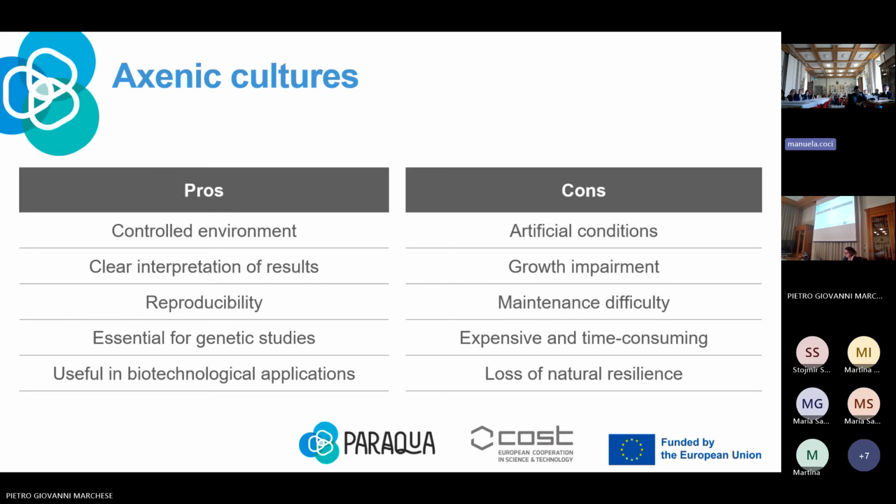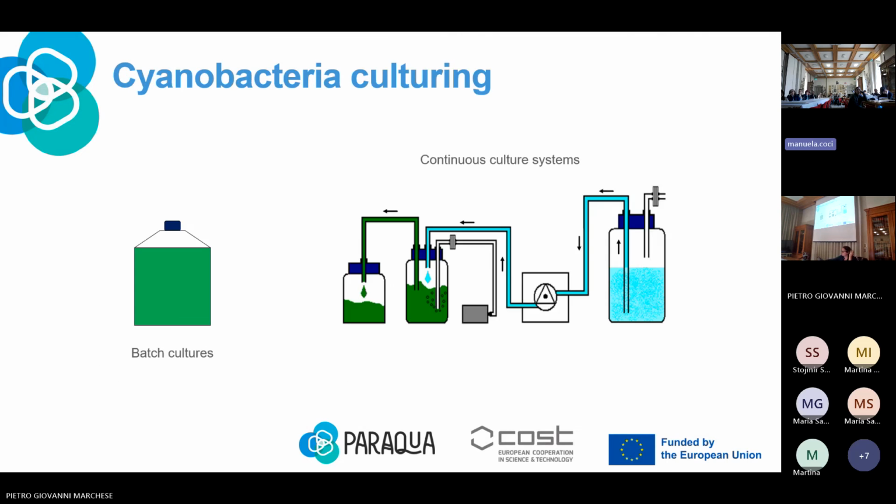And this is very expensive and time-consuming because it's not enough to obtain the axenic culture, and this culture may not be for the whole time in the axenic form. So routine, frequent checks are necessary, which is very expensive.